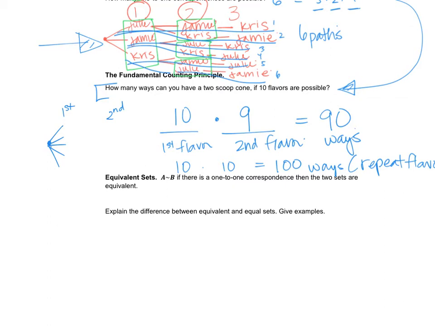So 3, 4, 5, 6, 7, 8, 9, 10. So there are 10 different places that I could go. But then once I'm at that point, I have 10 more ways that I could choose the second, 10 more ways that I could choose that one, and so on. So there's going to be 10 ways to choose the first, and then 10 ways to choose the second if I'm doing the one that had the repeated flavor. So hopefully that makes a little bit of sense.